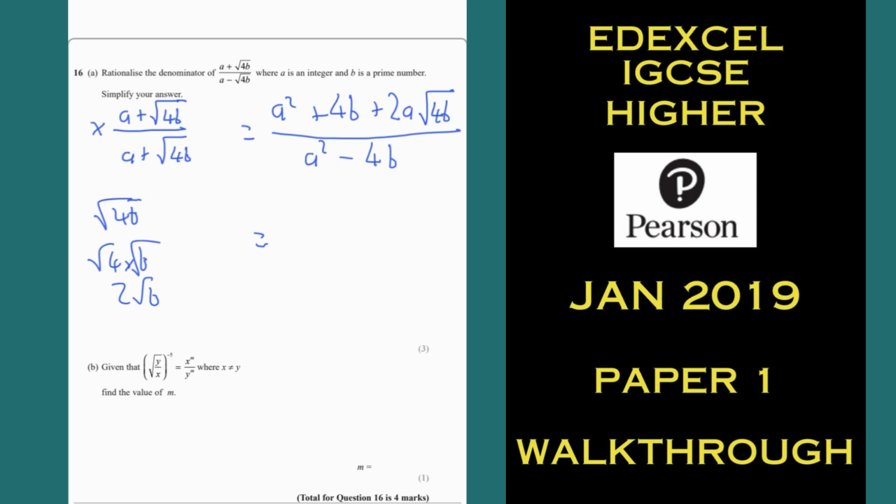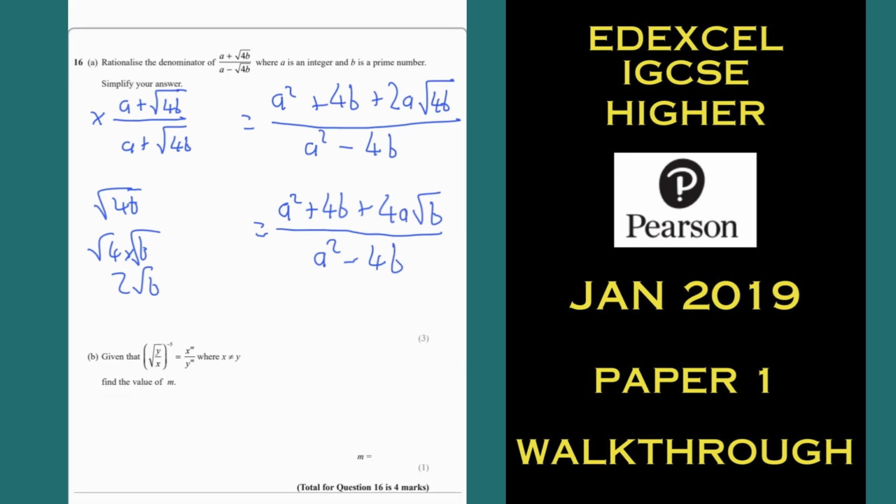So to simplify our answer, the top, most of it doesn't simplify, but this bit slightly does. Bring that extra 2 out to give you 4a. The b stays underneath the radical, and the denominator stays like that. What a weird question.